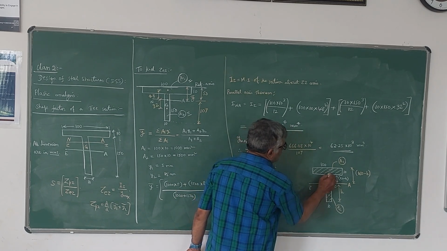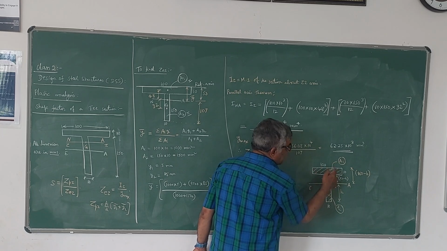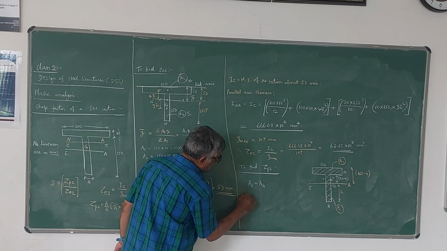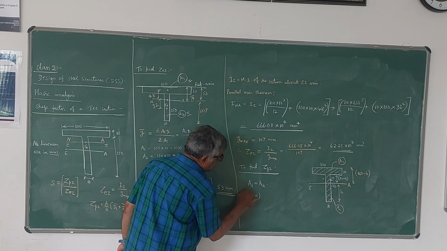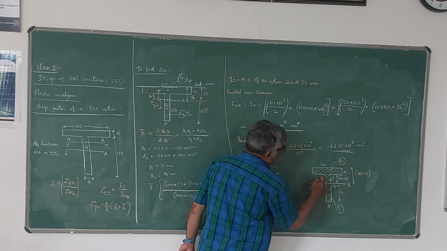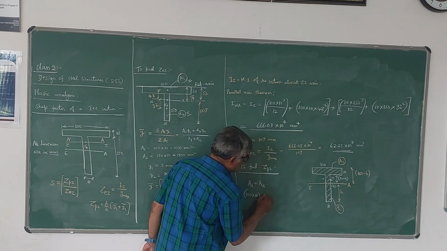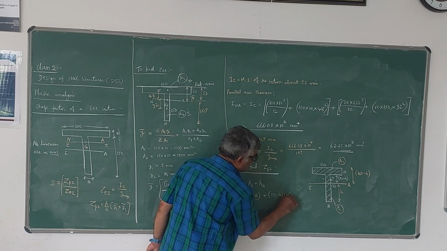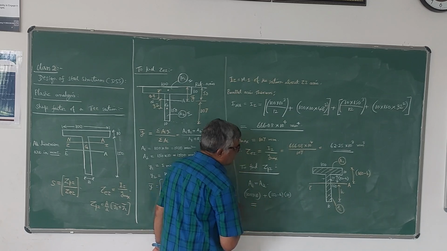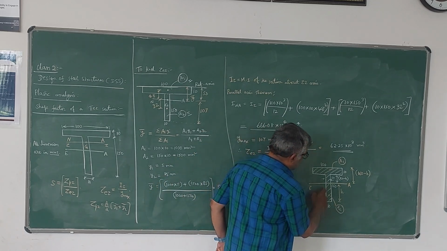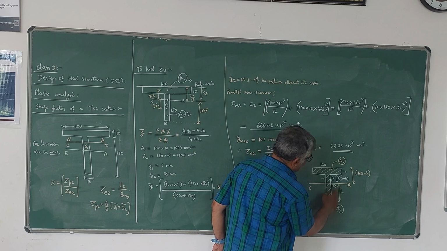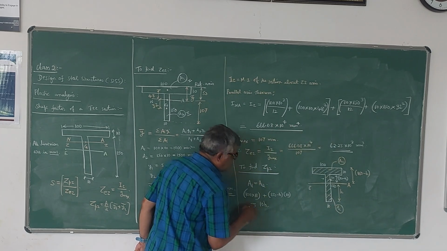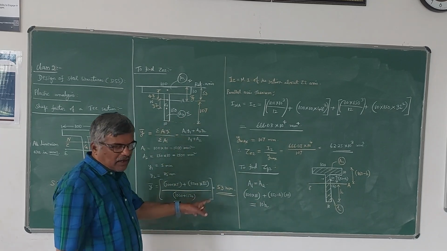Now A1 is the total area of this rectangle and this rectangle. The bigger rectangle is 100 into 10, plus this portion, 150 minus h into 10. This is A1, and it should be equal to A2. A2 is this area, h into 10. Now if you simplify this, you will get the value of h.